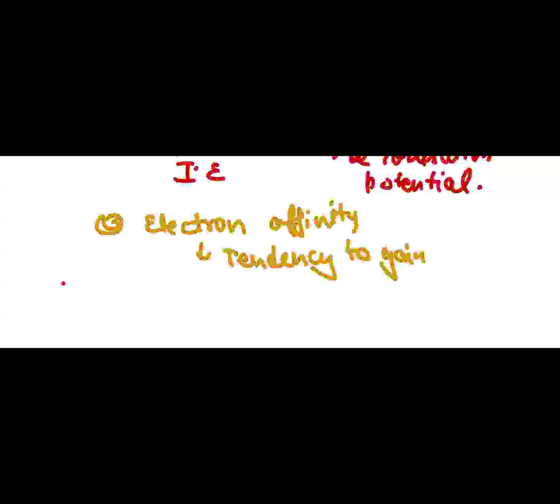Okay. Yes, sir. So top to bottom, as the nucleus goes inside, electron affinity decreases, meaning the tendency to gain an electron decreases. Any problem, mera bachcha? No, no, sir.